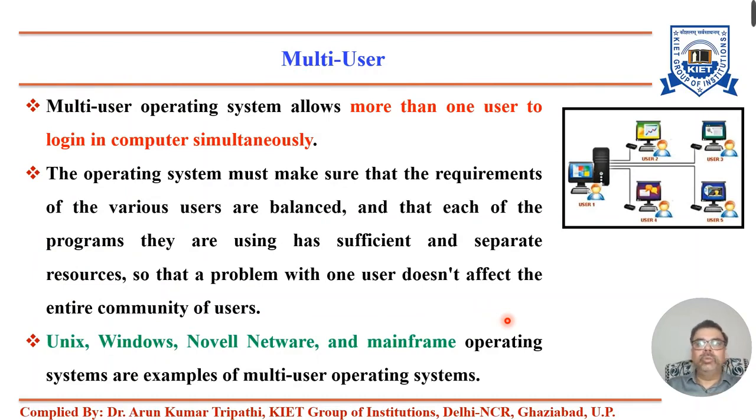Now, multi-user. In Windows 95, or Windows 3.1, we can say there was a single user system, and DOS is also a single user system. In a single user system, only one user can log in and perform tasks. While in a multi-user system, more than one user can log into the system simultaneously.